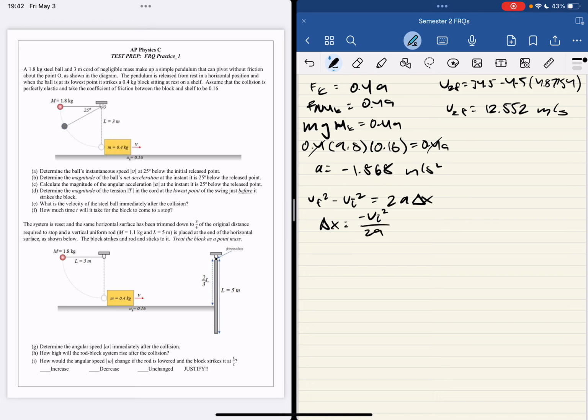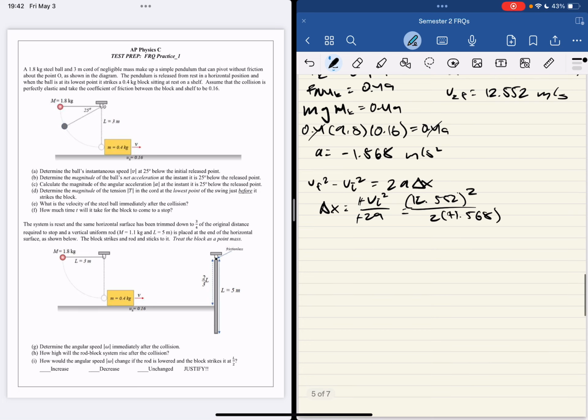We know the A is going to be negative, so we can cancel these out. And that'll be just 12.552 squared over 2 times 1.568. Okay, simplify that to 50.24.